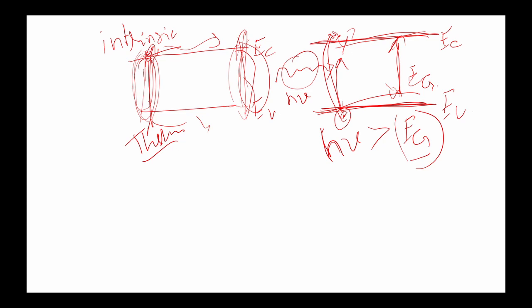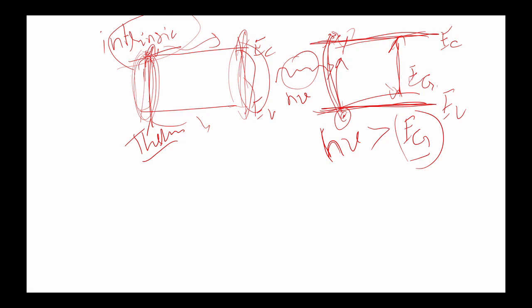For intrinsic, when we are giving extra energy from the outside, there will be a generation of electrons as well as holes. We call them electron hole pairs; they are always generated in a pair. So electrons will go to the conduction band. So this is generation.